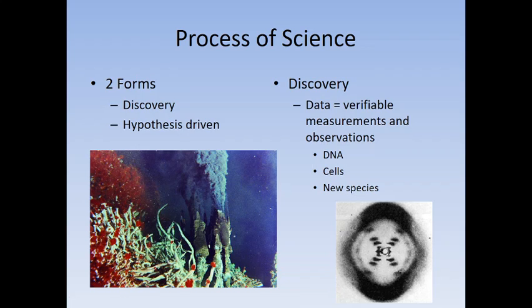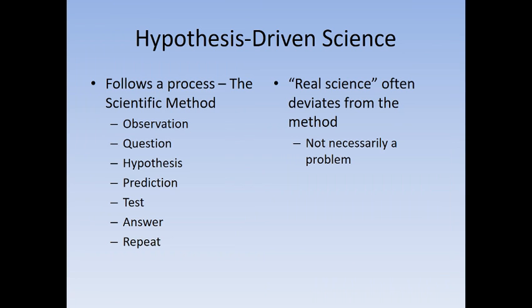The first biological cells that make up organisms were found this way. New species. So oil companies were looking at these deep ocean vents, and they sent some robots down there, and they eventually found this whole new different type of ecosystem.